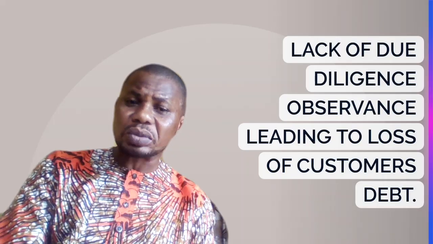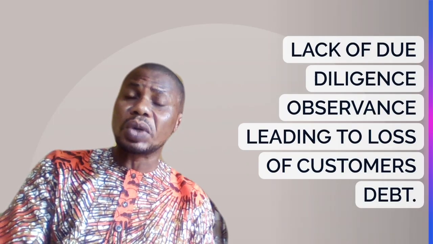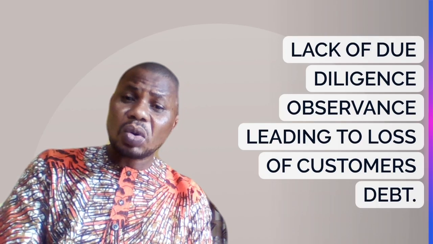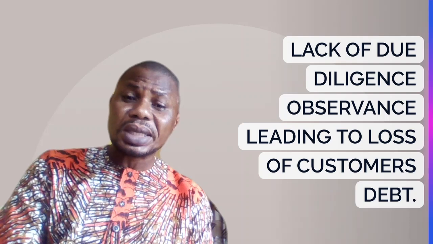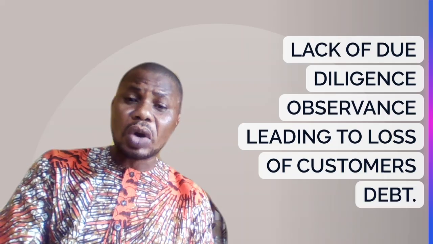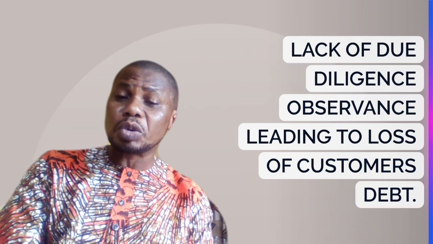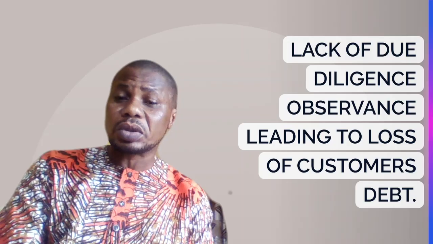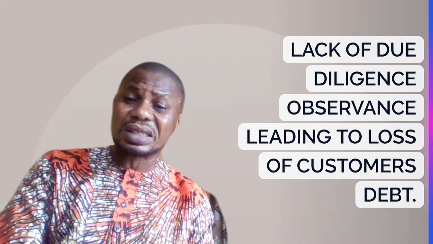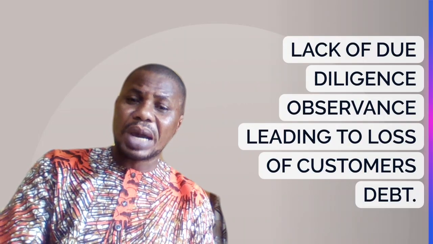So this is what happens. Some customers are this dubious, especially when they know that you don't have a system. So when they know that you don't have a system, they might deliberately delay payment for a particular transaction, knowing that you may not even be able to provide the invoice when the time comes. Because where you wrote it is not enough. It's the invoice that is acknowledged by the customer.